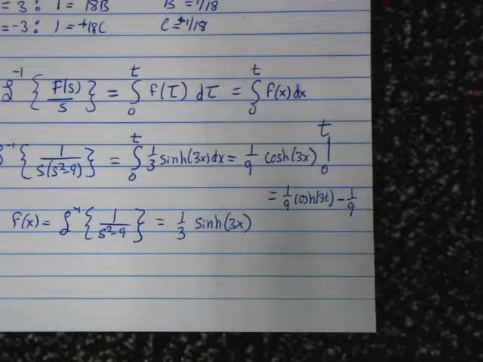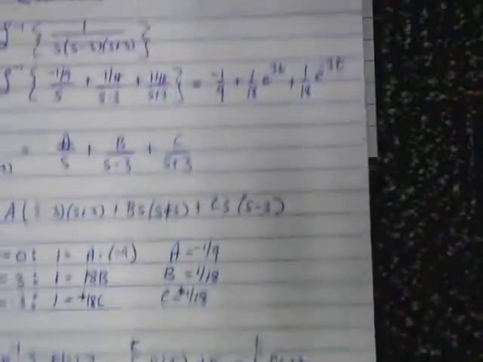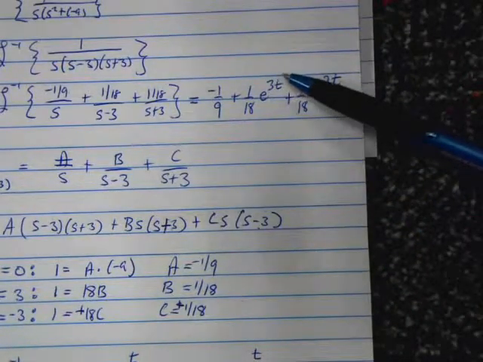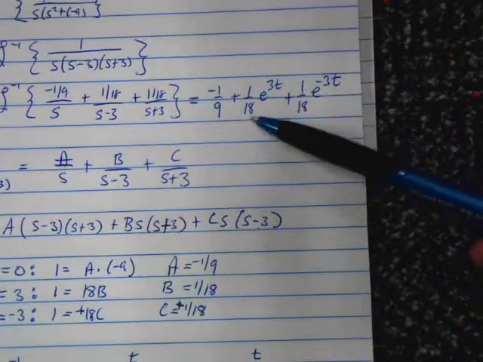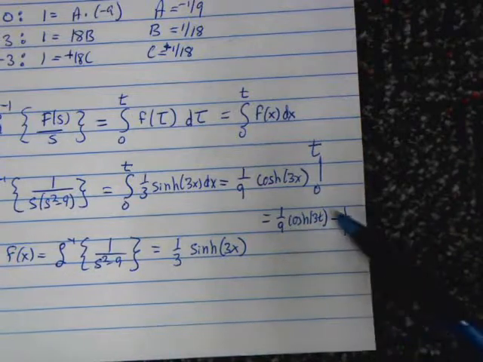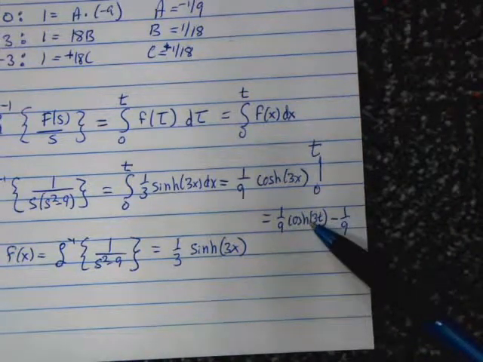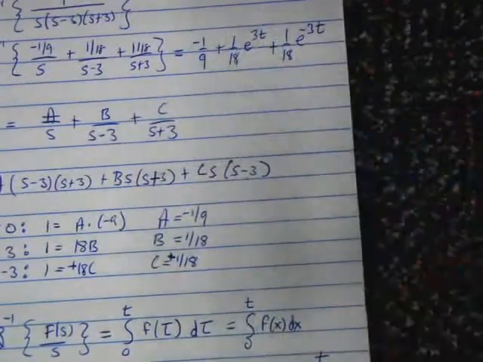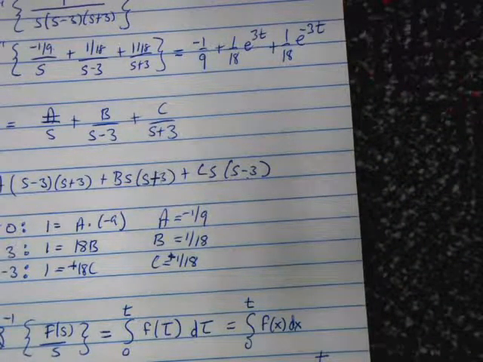And then you know that the definition of a hyperbolic cosine has an e to the power divided by 2. So that's where the 18 is coming from, and that's where you get the e to the power. So this answer really is the same as that answer. Craziness. Okay?